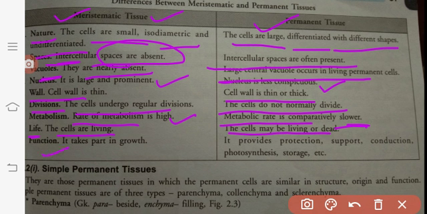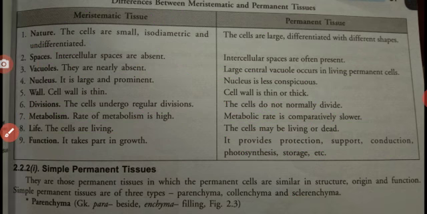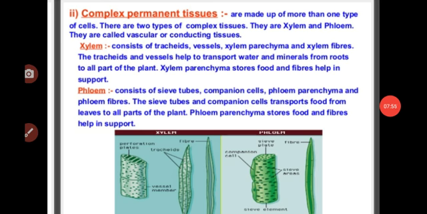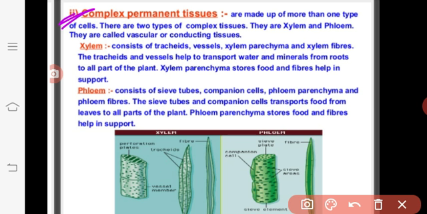Now what is the function of meristematic tissue, it takes part in growth, and in case of permanent tissue it provides protection, support, conduction, photosynthesis and storage. So these are the main differences between meristematic and permanent tissue. Now the next type of tissue, that is complex permanent tissue.